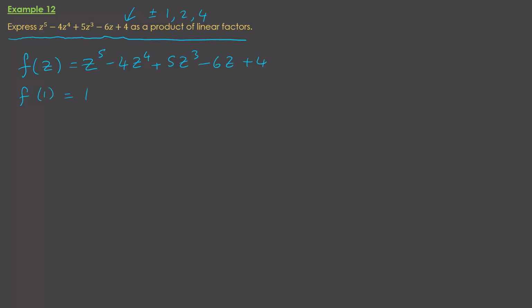So f of 1 is 1 take away 4 plus 5, take away 6, add 4. So that does come to 0. So that tells me that z minus 1 is a factor.